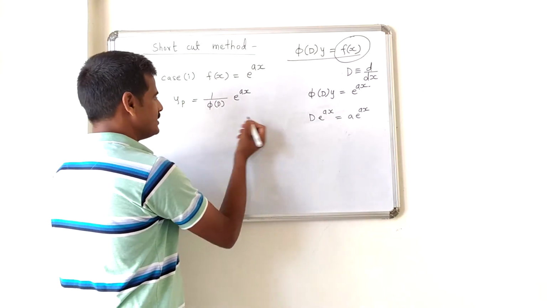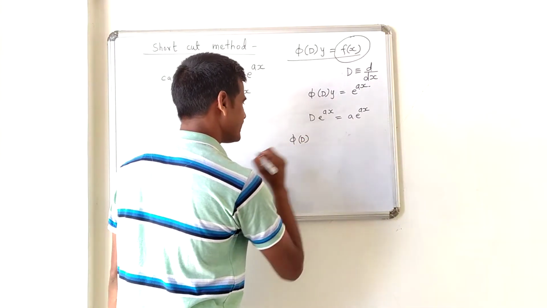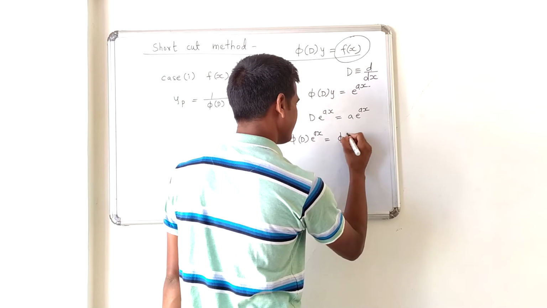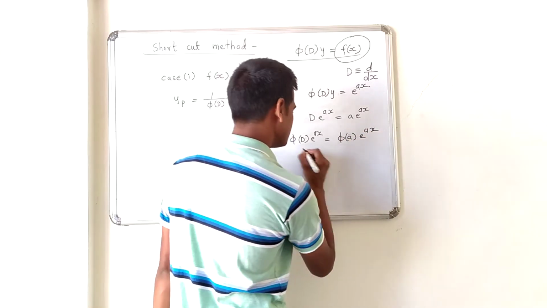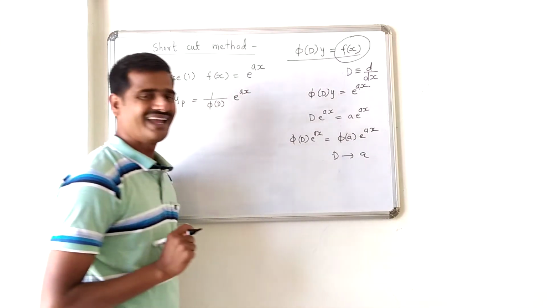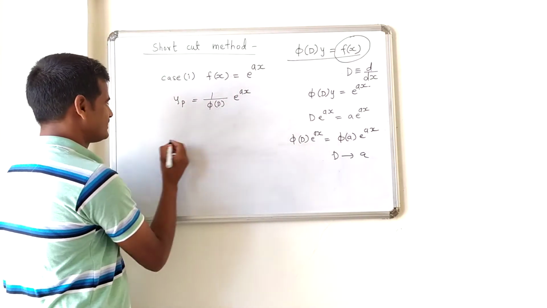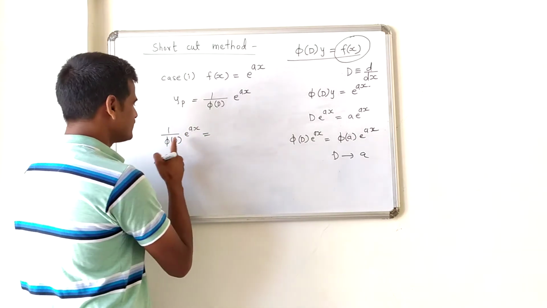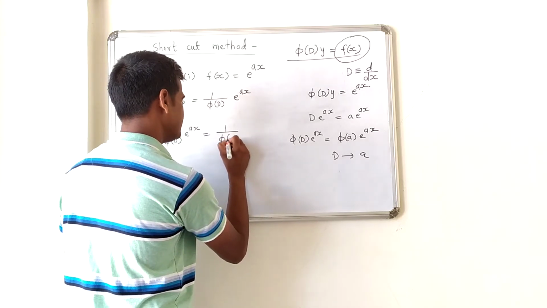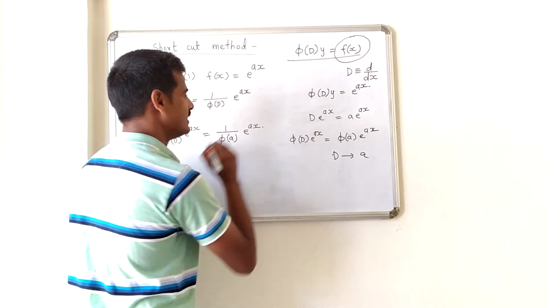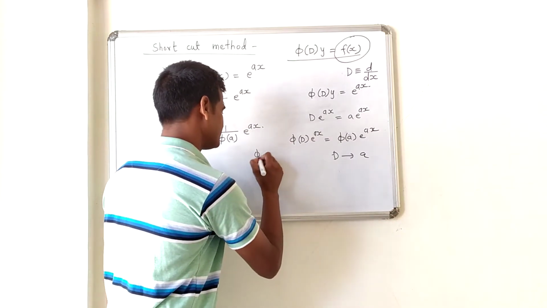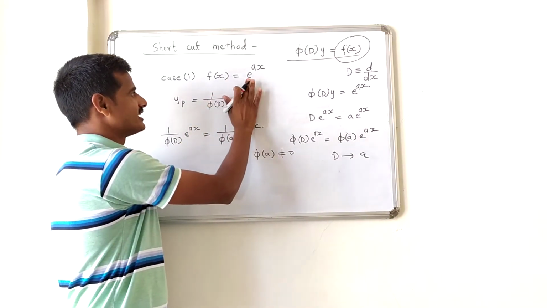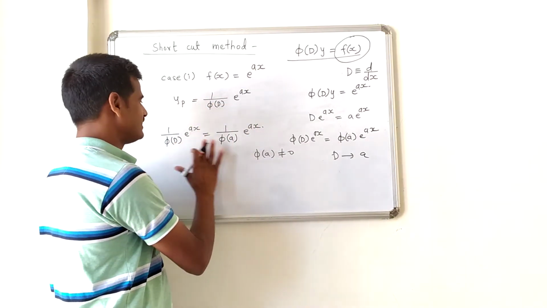Therefore I can conclude that phi of D operated on e to the power ax is equal to phi of a e to the power ax. So we are simply replacing D by a. So 1 upon phi of D operated on e to the power ax is 1 upon phi of a e to the power ax, where phi of a has to be non-zero.